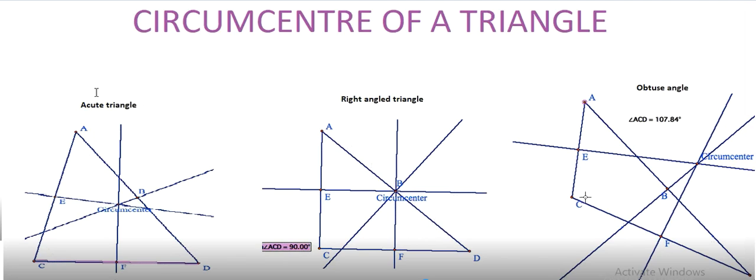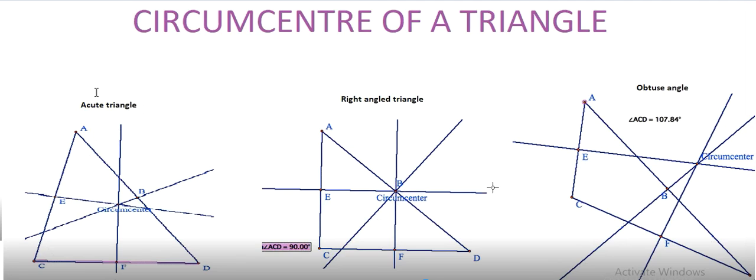And what about the obtuse angled triangle? For the obtuse angled triangle, the circumcenter will be outside the triangle. So the circumcenter of a triangle may be inside the triangle, or outside the triangle, or on the triangle. It depends on the type of the triangle we are considering.